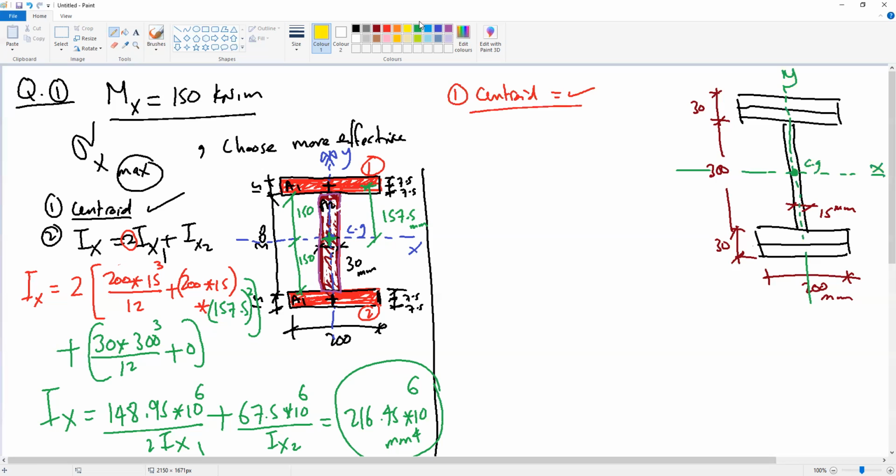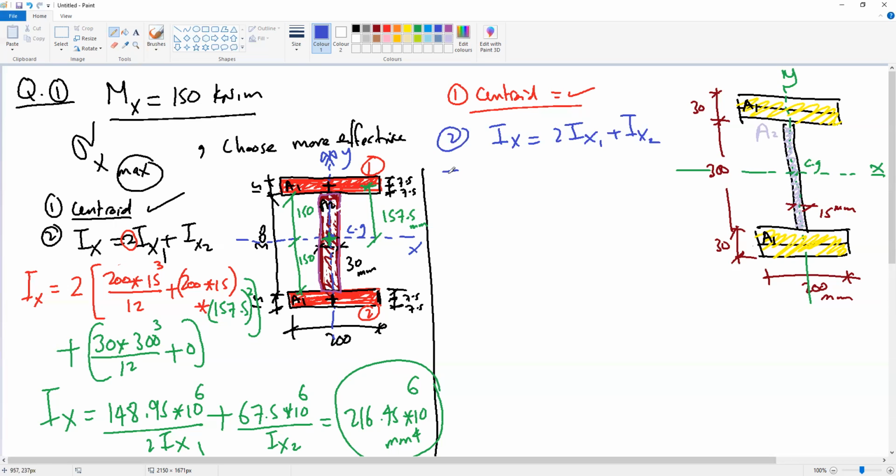We need to subdivide the section into 3 areas, or 2 areas because the 2 flanges are identical. So we have A1, A1, and we have A2. Okay, so for the inertia, Ix will be 2Ix1 plus Ix2.